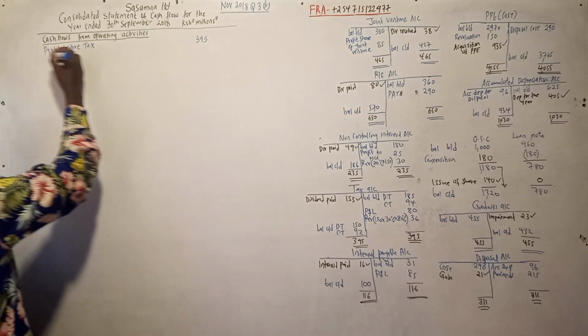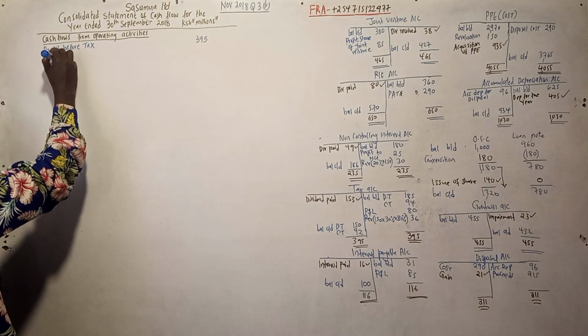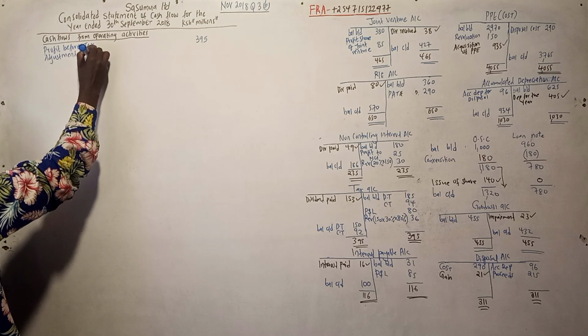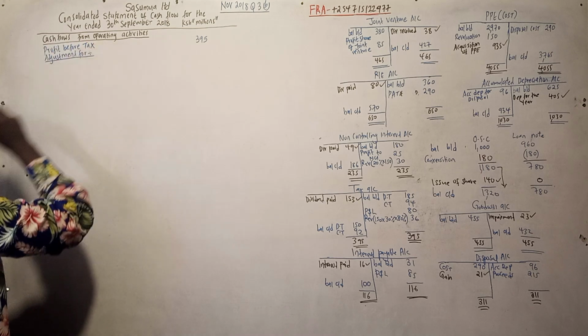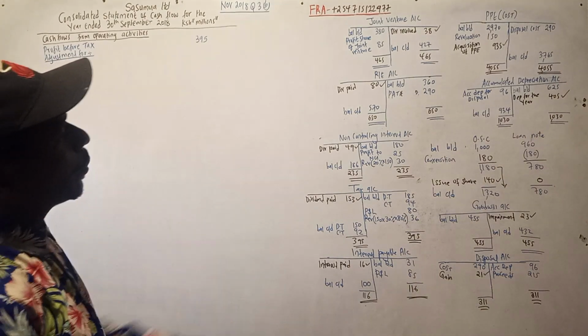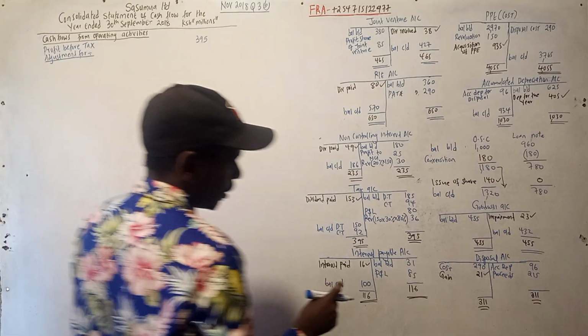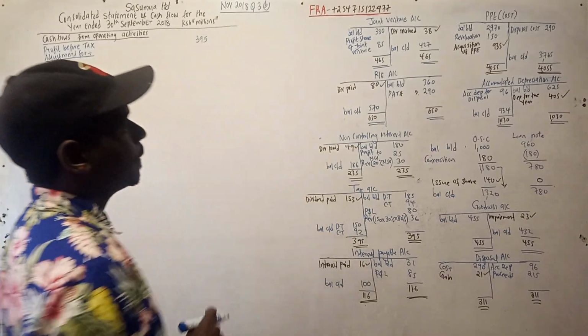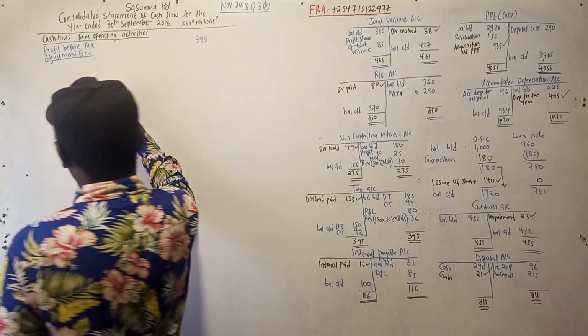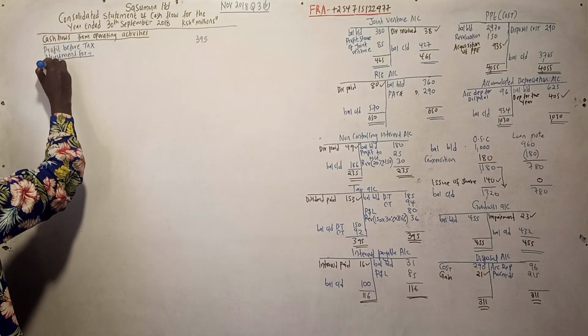Then you do adjustments for. We start with the first adjustment, the normal one. We can start with the depreciation for the year. We prepared the accumulated depreciation account, so depreciation for the year is 405.